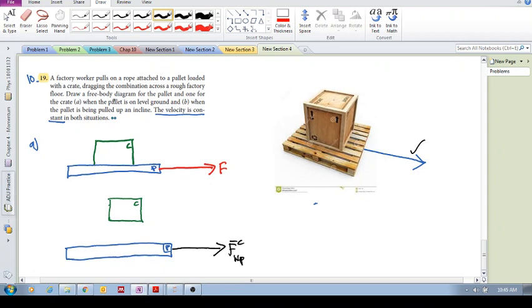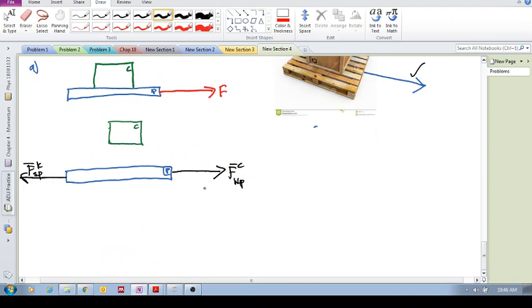But it's sliding across a rough factory floor. Rough means that we've got some kind of friction. So we know there is kinetic friction between the surface and the pallet. That's what's happening in the x direction. We also have the force of gravity of the earth on the pallet.